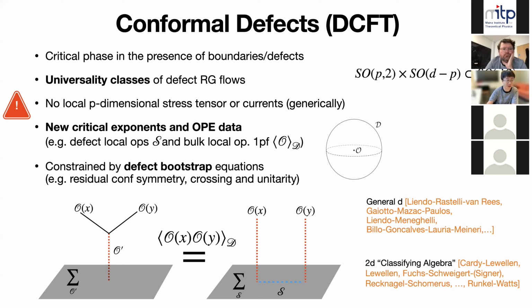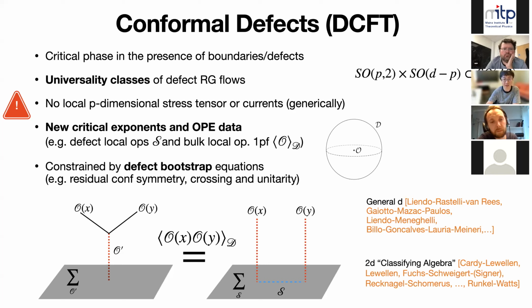Sorry, can I ask a question? Yeah, sure. From a defect local operator point of view, this SO(d-p) is like a global symmetry, right? That's right. Are there any conserved currents with respect to that one on the defect? No. So this is the extrinsic symmetry, extrinsic in the sense that I introduced in the beginning.